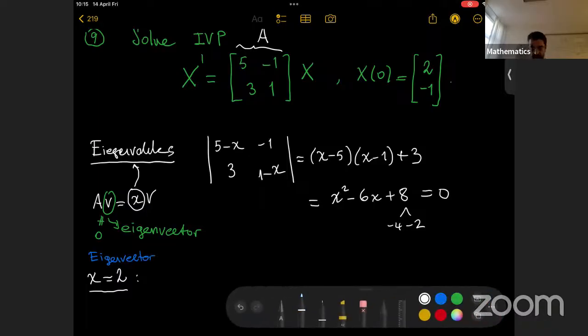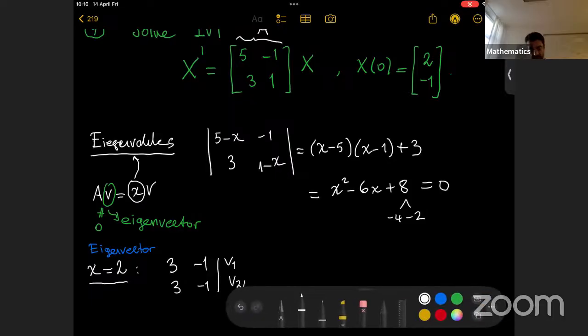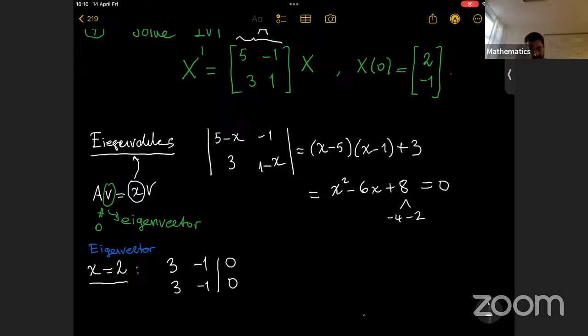Eigenvector. For lambda equal to 2, we have the matrix (3, -1; 3, -1) times (v1, v2). Or maybe we don't even need to write this. Let's put here 0, 0 and solve this system.